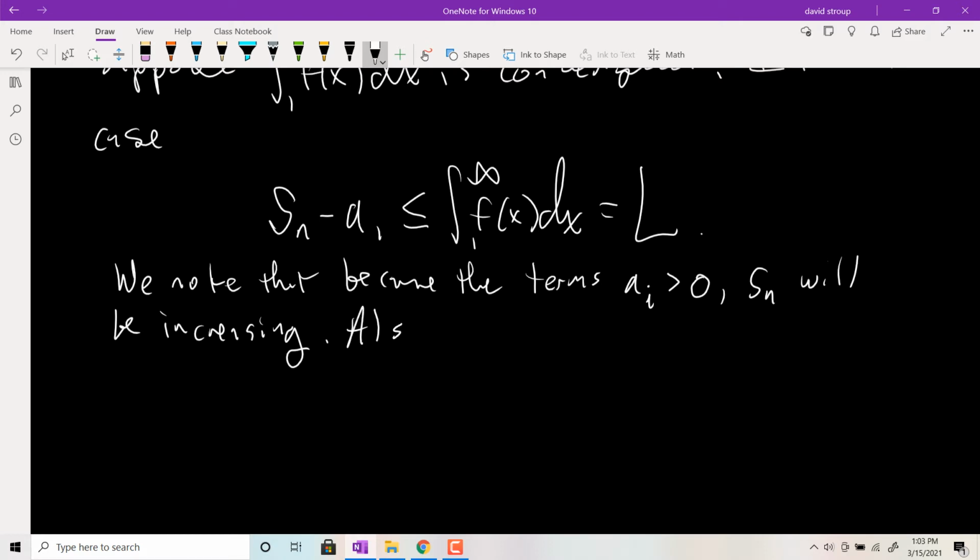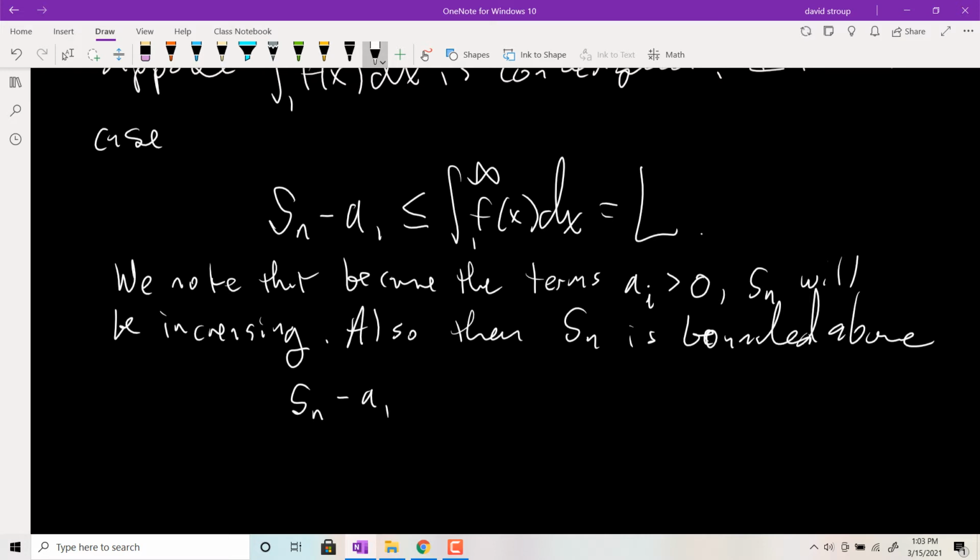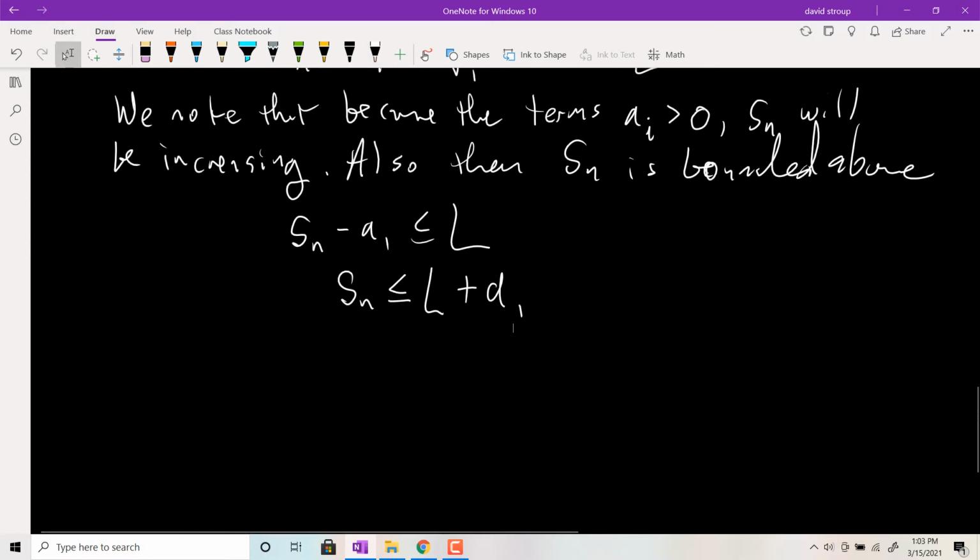Also then, S sub n is bounded above. You can see clearly S sub n minus A sub 1 is less than or equal to L. And then you could solve for S sub n, so to speak, and S sub n will be bounded by L plus the first term of the series. So if it's increasing and bounded above, it's convergent by the monotonic convergence theorem.